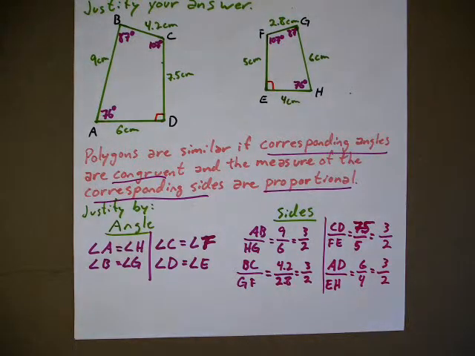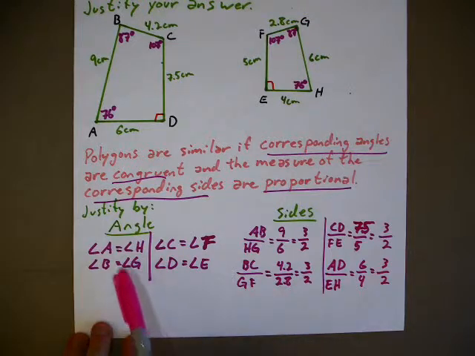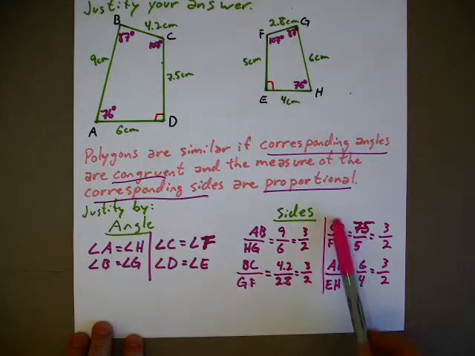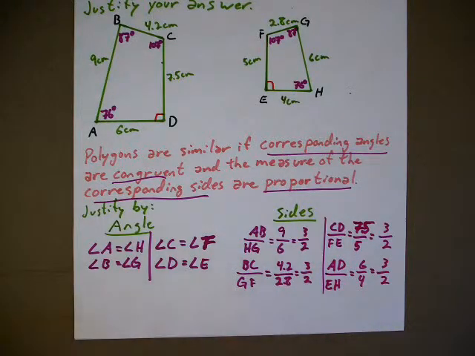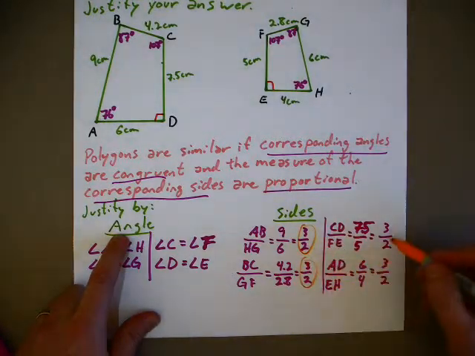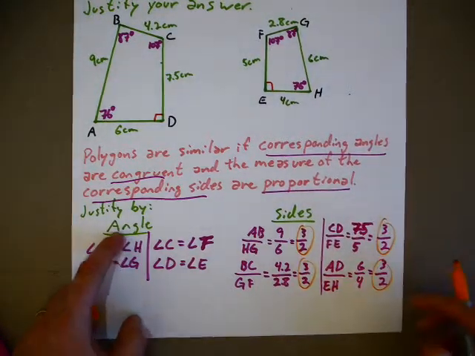So if you can do those two things, you can see that all the angles correspond to their congruent sides, and all the corresponding sides have the same ratio, and we'll find out in the next video, this is referred to as our scale factor.